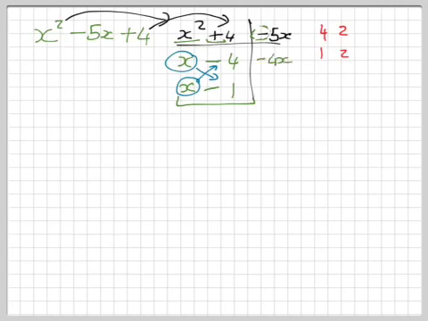X times by negative 1 is negative 1x. And if I add them up, negative 4x minus 1x gives me negative 5x. Oh, fantastic. So this means my two factors are x minus 4 and x minus 1. And there I have factorized my trinomial.